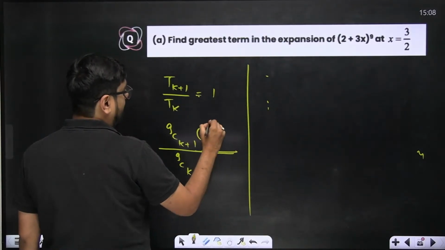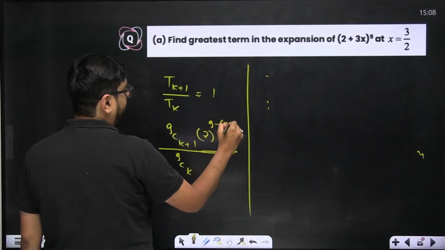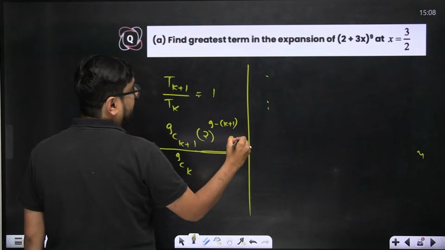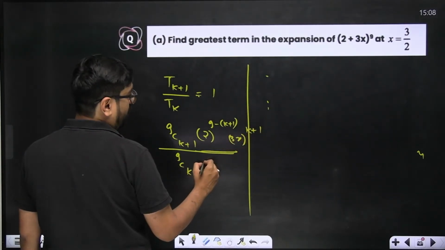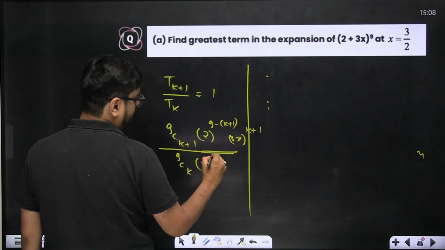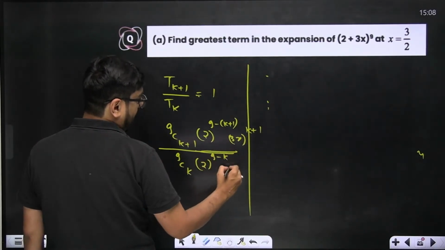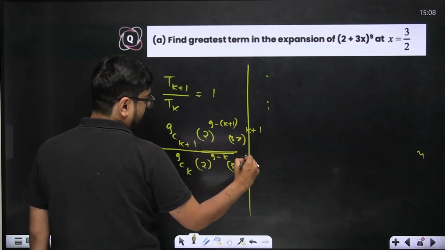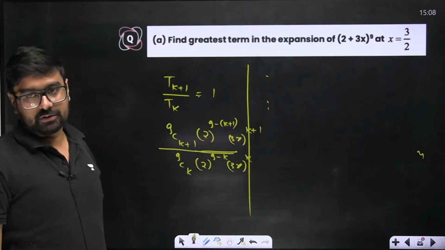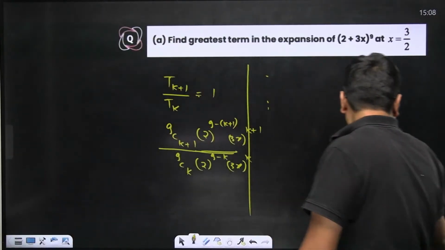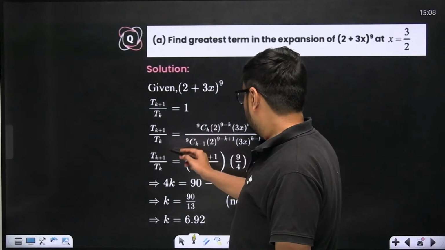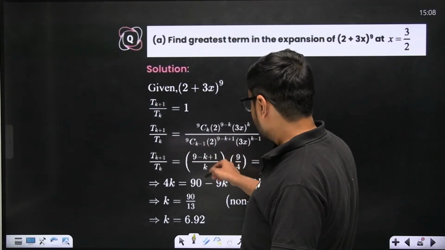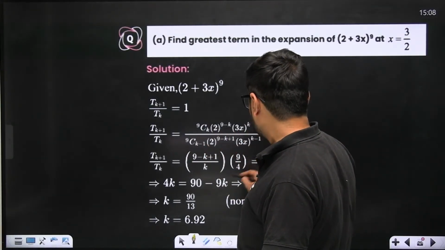2 to the power 9 minus k plus 1 multiplied with 3x to the power k plus 1. This will also be easily solved, not a problem. Here 2 to the power 9 minus k and 3x to the power of k. When you solve this, you'll get 9 minus k plus 1, n minus r plus 1, 9 by 4, this will become equal to 1.